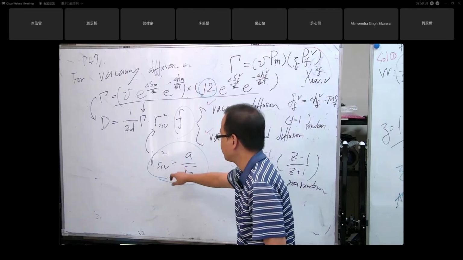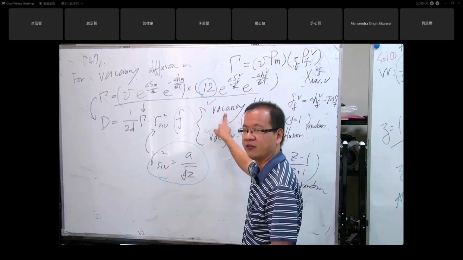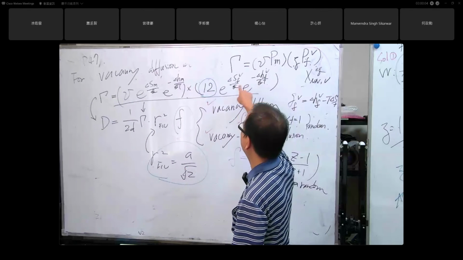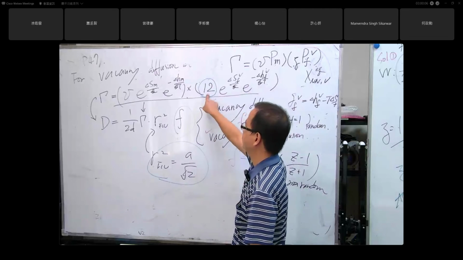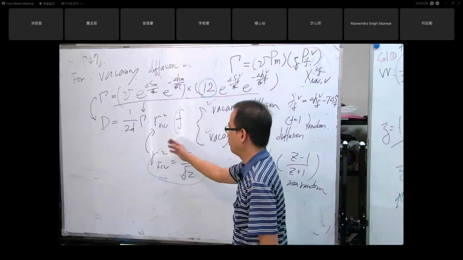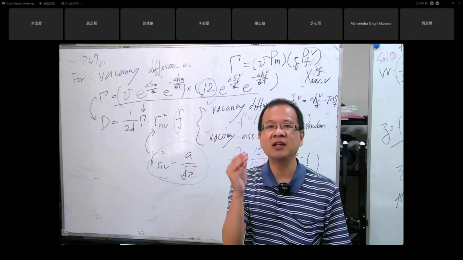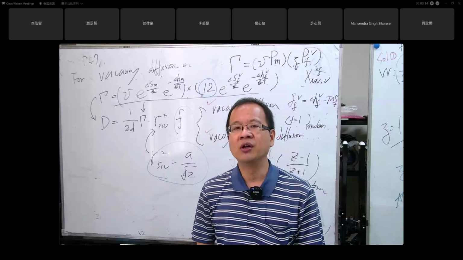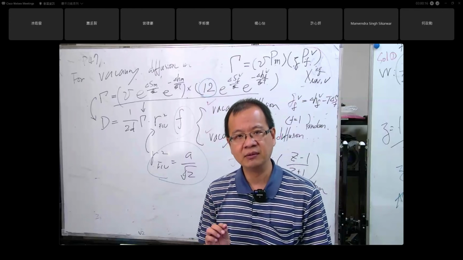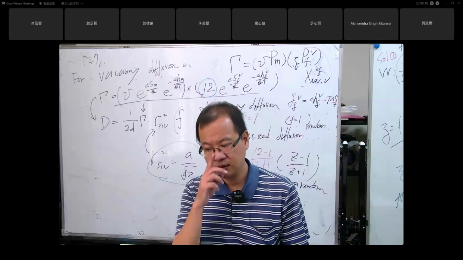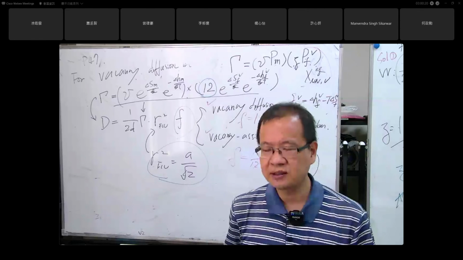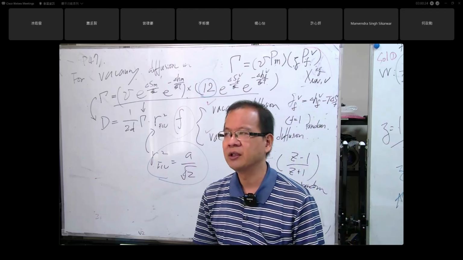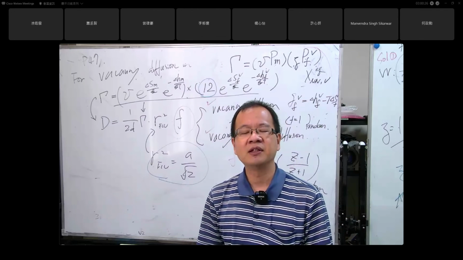Judge the crystal structure. Judge whether it is defect diffusion or defect-assisted diffusion. Judge the formation energy you should pick. Judge the coordination number. Then your answer will be guaranteed correct. Never pick up your equation without reason. You will make mistakes. So I think that's the summary for the structure-correlated diffusivity.